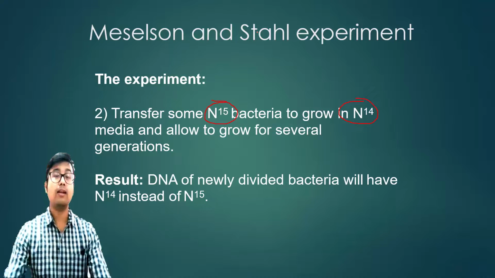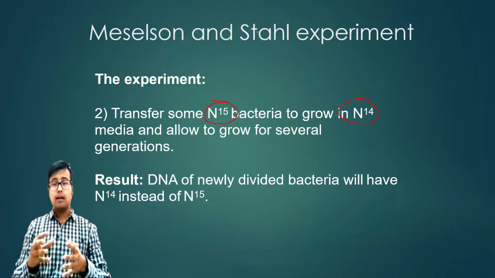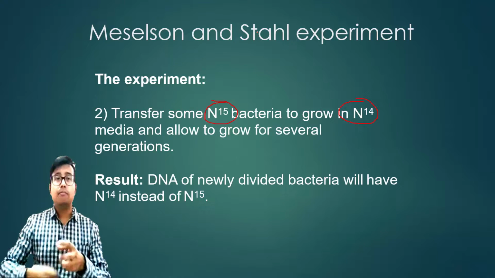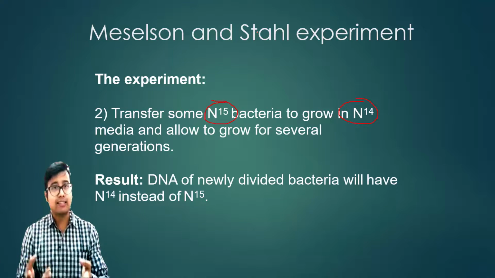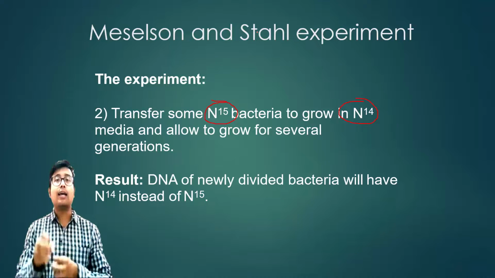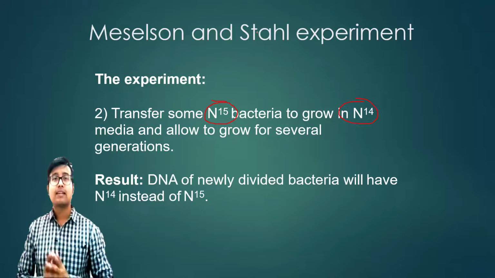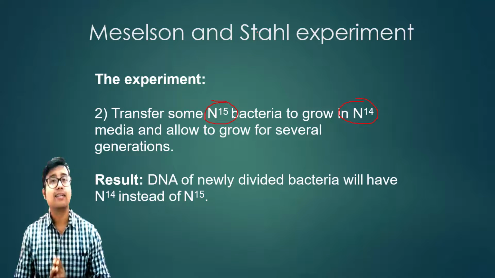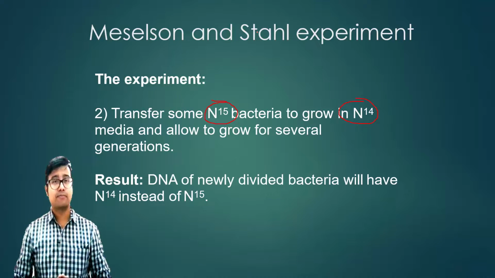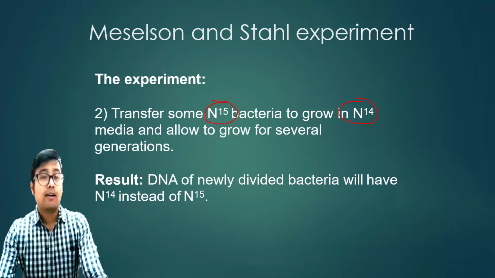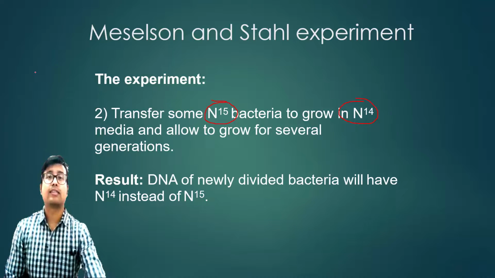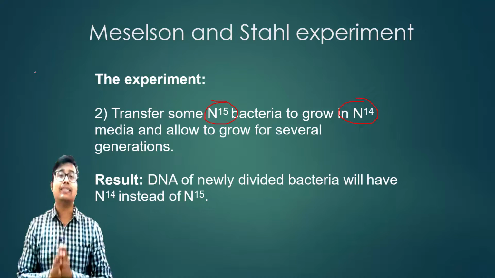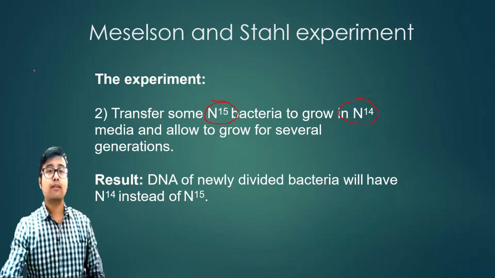So the hypothesis being, when new bacteria are synthesized, they will derive nitrogen from the medium that contains light or normal nitrogen. So the parent in this case is heavy, but the subsequent daughters now contain light nitrogen.